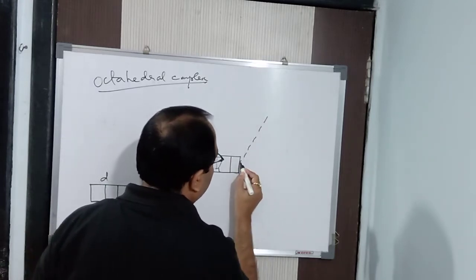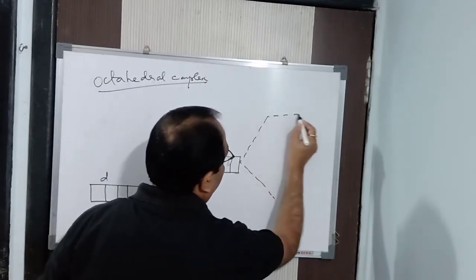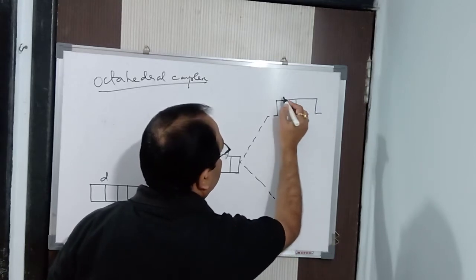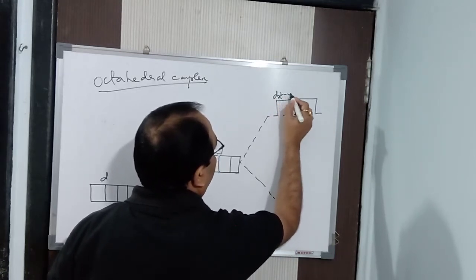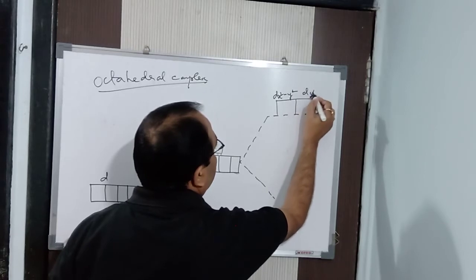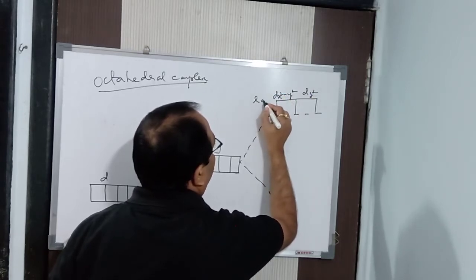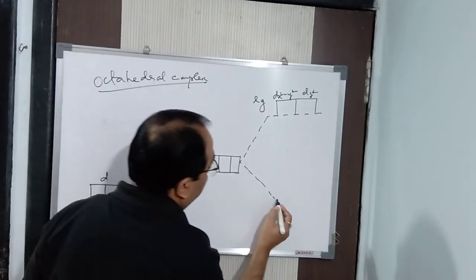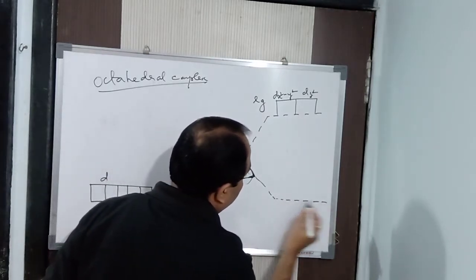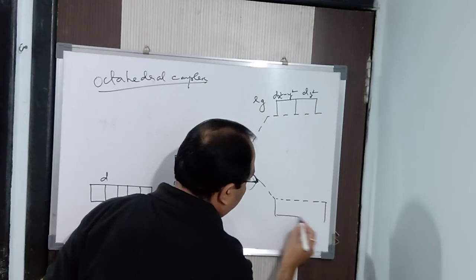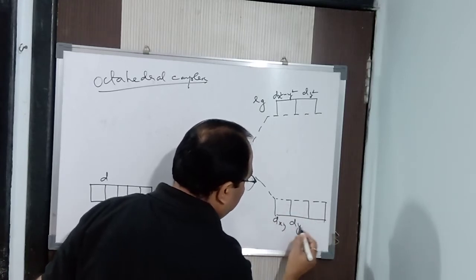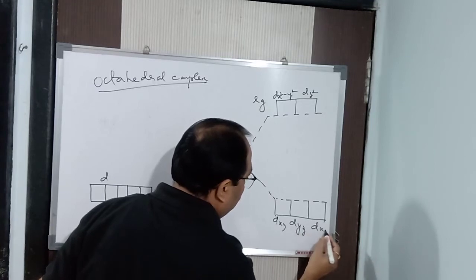The splitting takes place. Here you will have the 2 orbitals, that is dx square minus y square and dz square, together what we call Eg. This one is known as the Eg orbitals. And here you will have the 3 more orbitals, that is dxy, dyz and dxz.